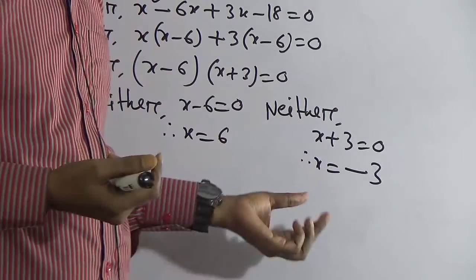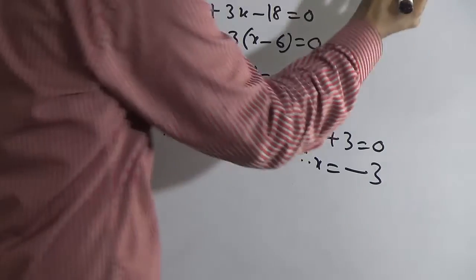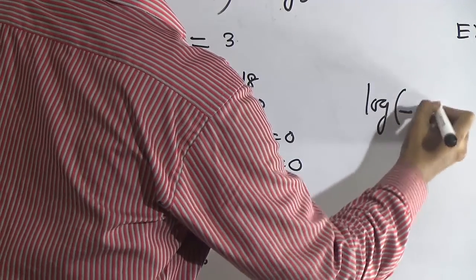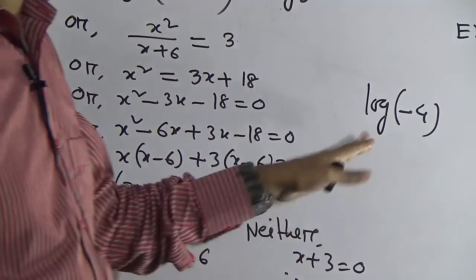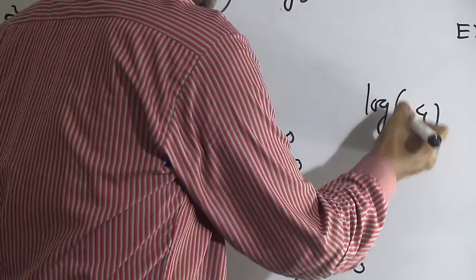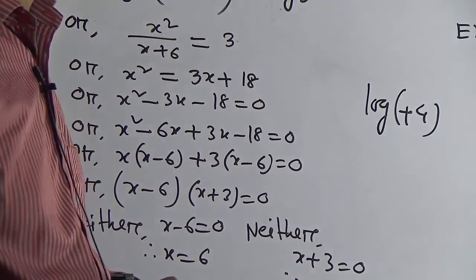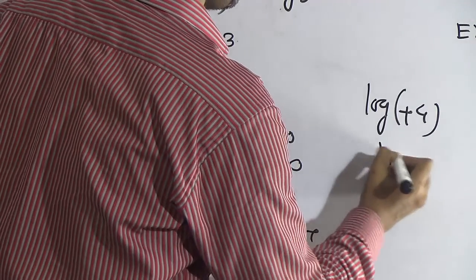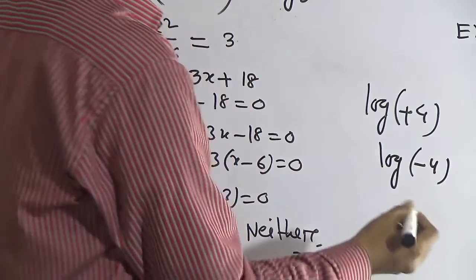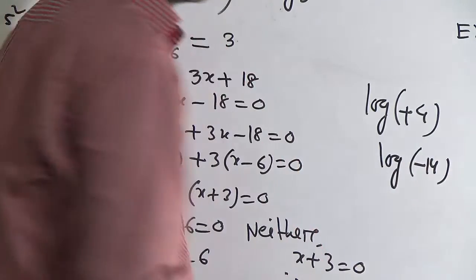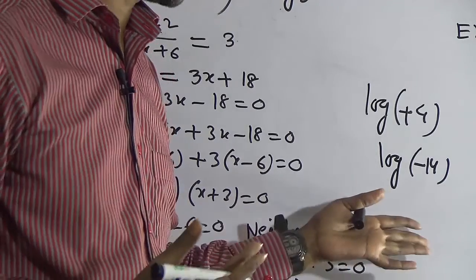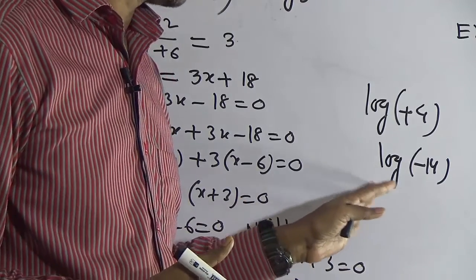Suppose log of minus 4, we can't determine the value of log of minus 4, but if this will be plus, then we get the result. For the case of negative, we cannot determine the value of log.